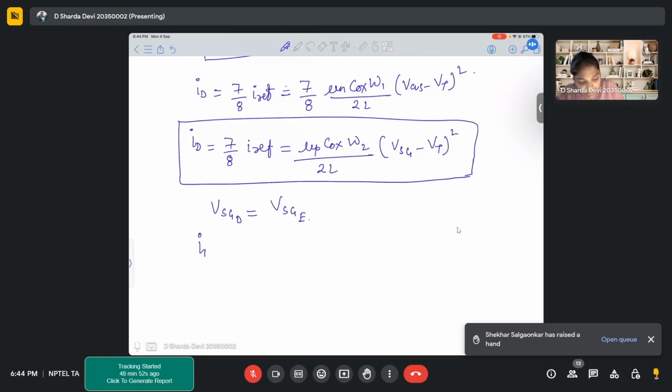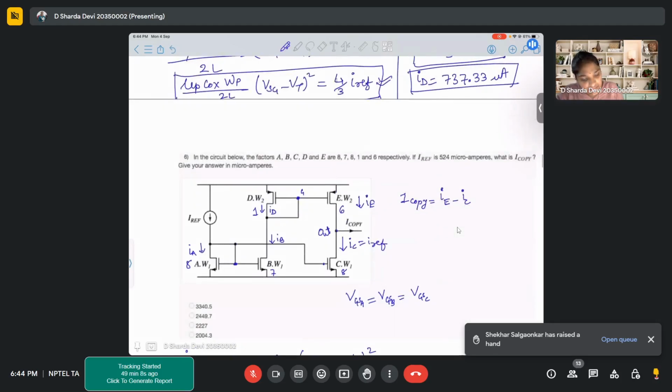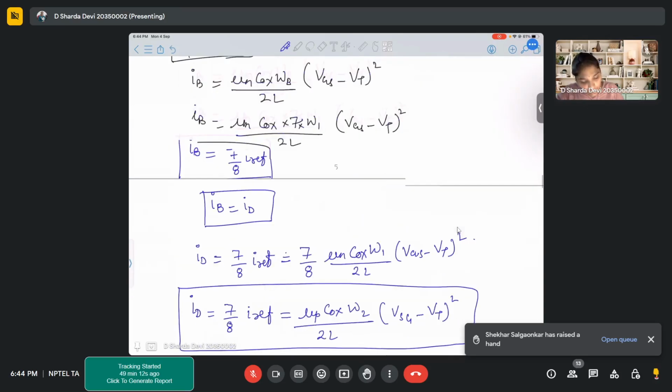So VSG of transistor D is equal to VSG of transistor E. If I write IE, how will I write it? It is mu p Cox WE by 2L (VSG minus mod VT) whole square. And WE is how much? It is 6 times of W2.